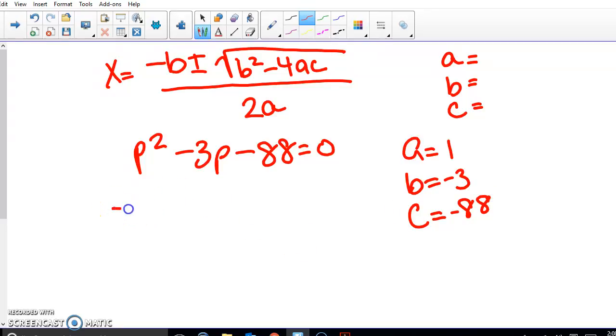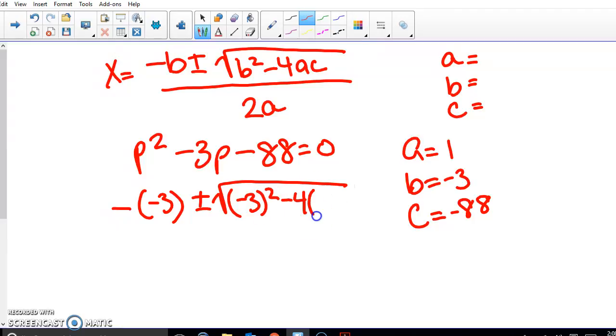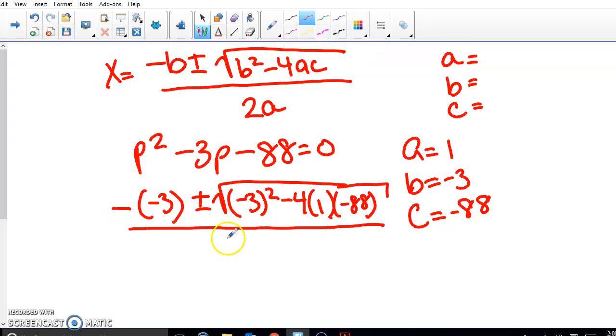So negative 3 plus or minus the square root of negative 3 squared minus 4 times 1 times negative 88, over 2 times 1. So now just solving it out, negative times negative 3 is positive 3.